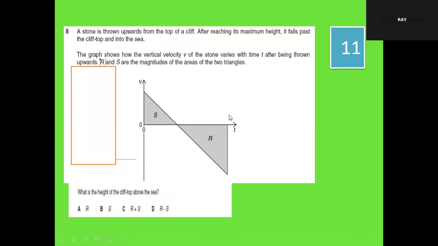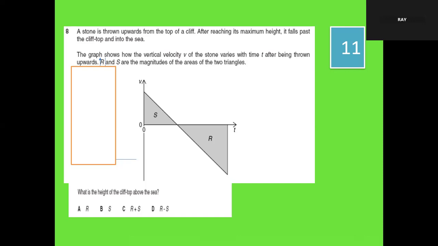Okay, this one. A stone is thrown upwards from the top of a cliff. After reaching a maximum height, it falls back, falls past the cliff top into the sea. The graph shows how the vertical velocity of the stone varies with time t after being thrown upwards.